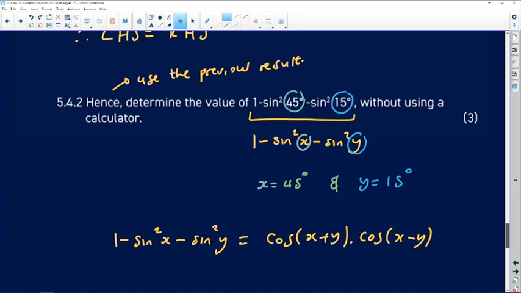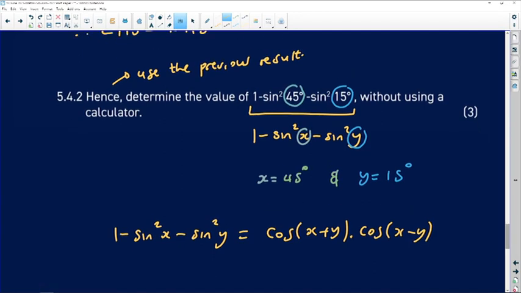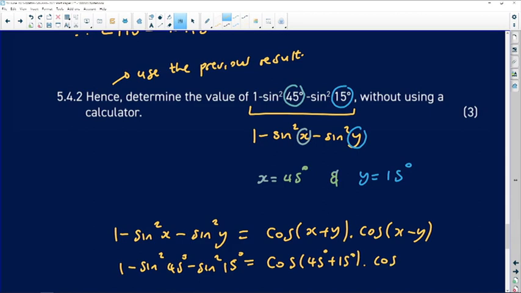Okay, so if the relationship is that way in terms of x and y, it means that 1 minus sine squared 45 minus sine squared 15 degrees is the same as cos of, we said x is 45, 45 plus 15 times the cosine of 45 minus 15.